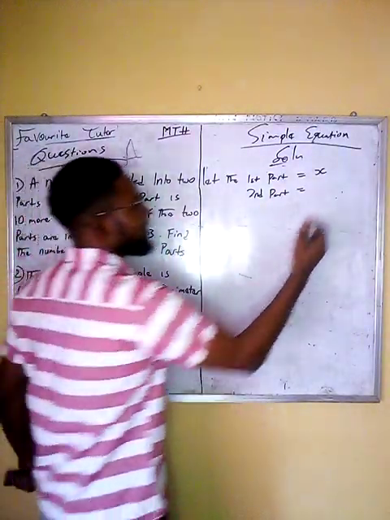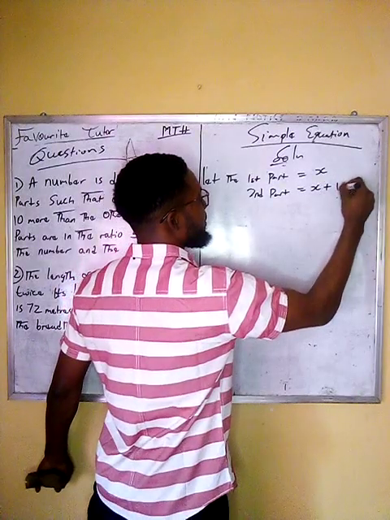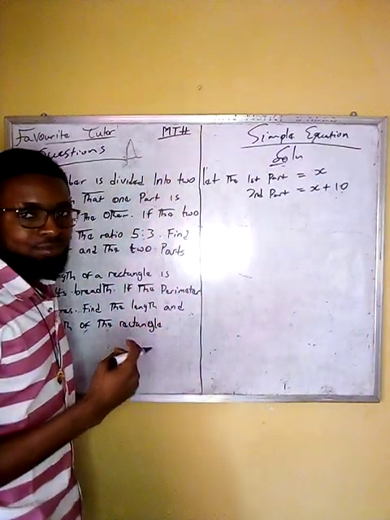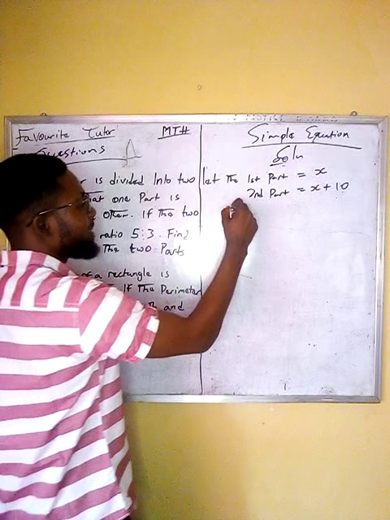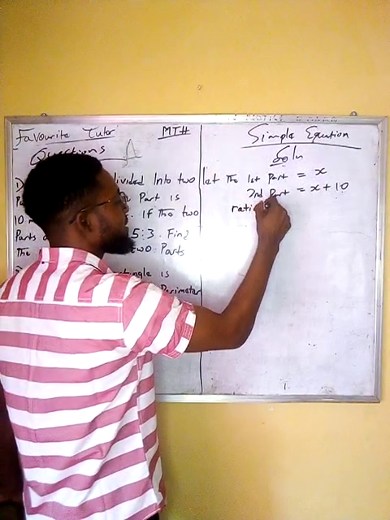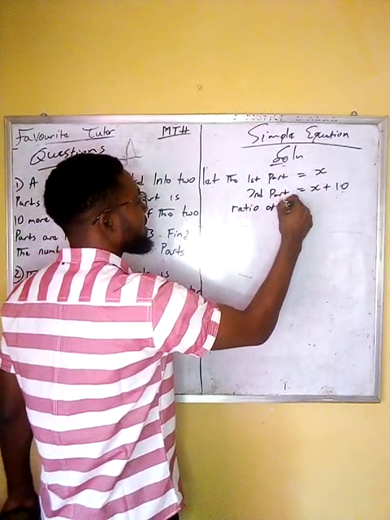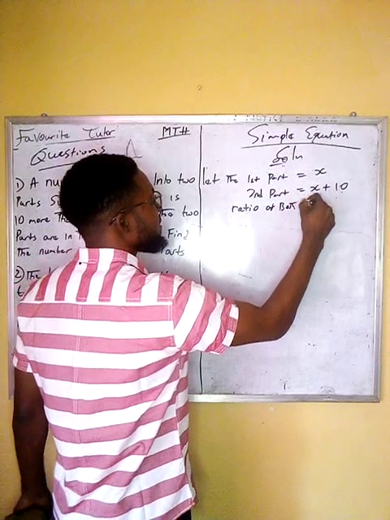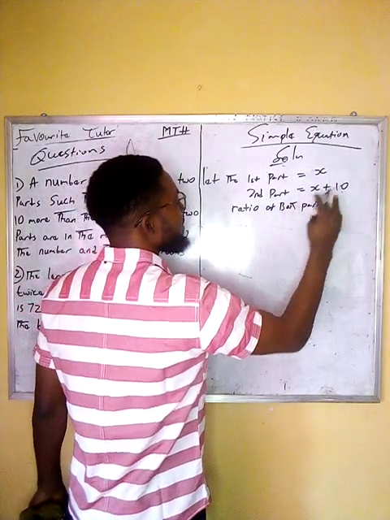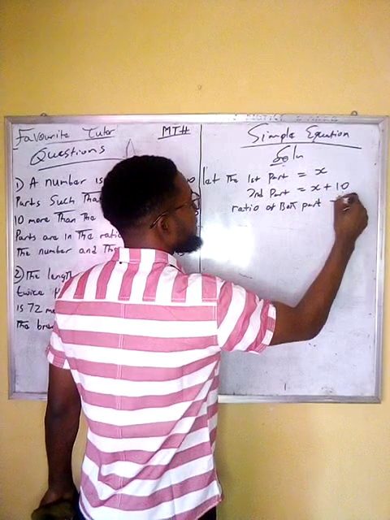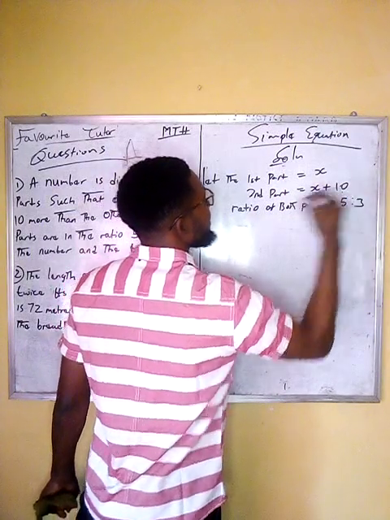That is going to be x plus 10. And we're told that the ratio of both parts is equal to 5:3.